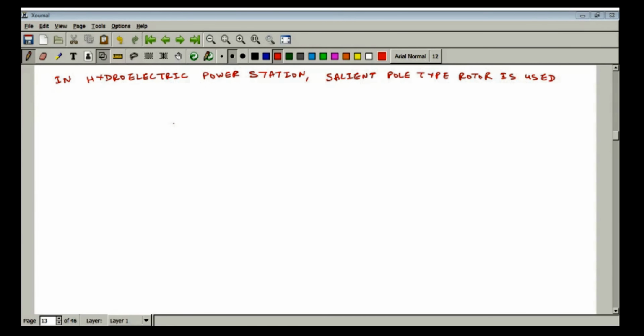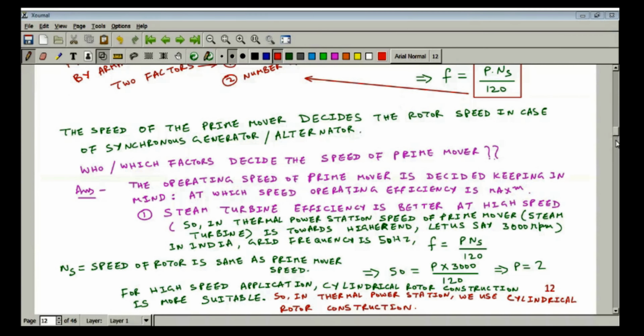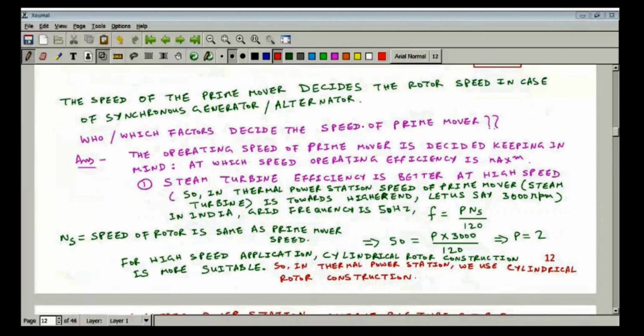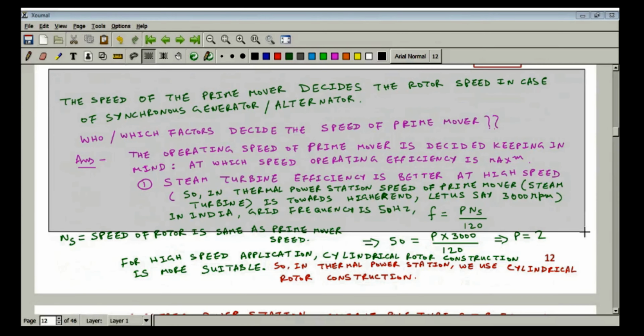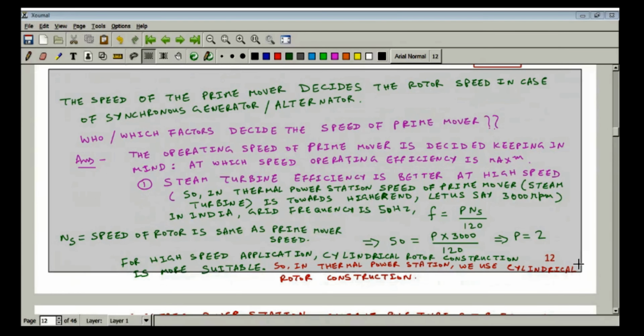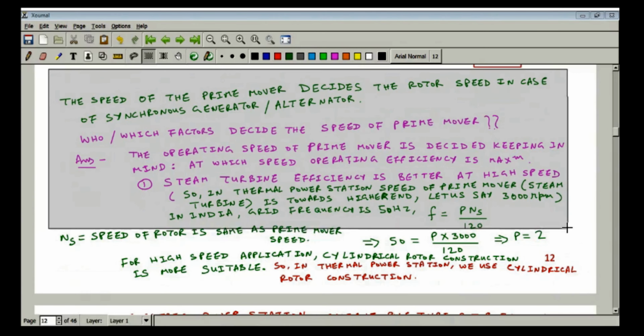Again, I can use the same set of arguments which I have mentioned earlier. Let me copy this portion up to this point so that you don't have to write it once again.